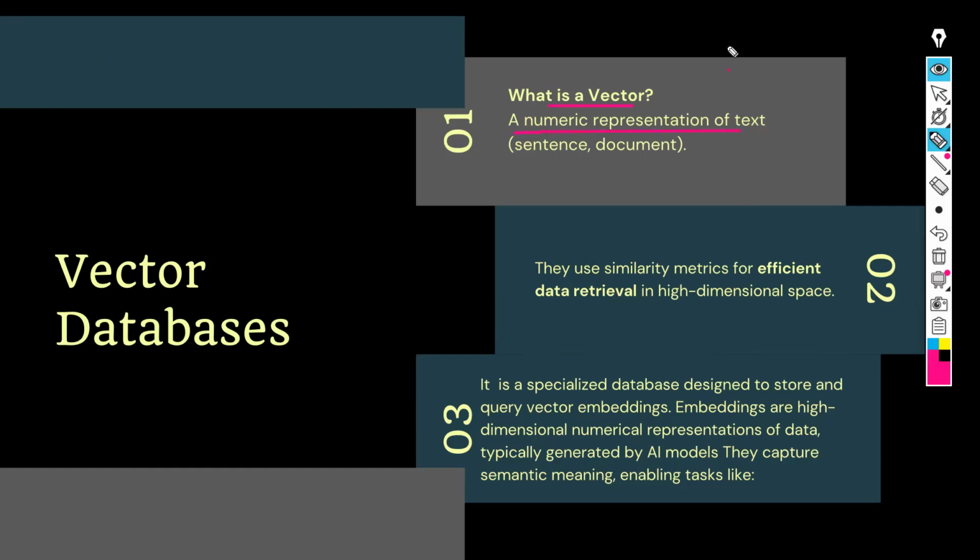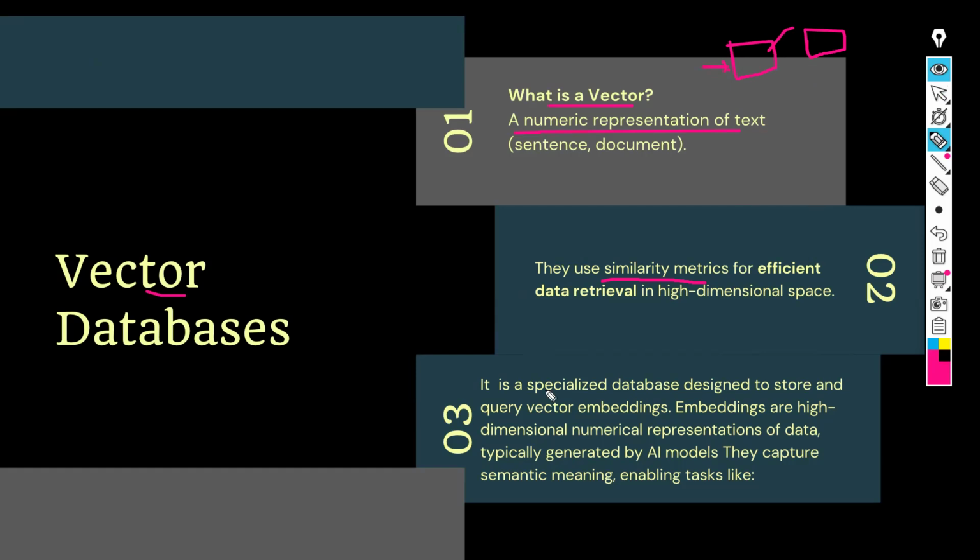For example, if you have any type of document like a PDF, you can convert this text into numbers. And why do we convert into numbers? Just for fast search. And when it is converted into numbers, we can use a similarity matrix to retrieve the data, retrieving the data from the matching dimensions.